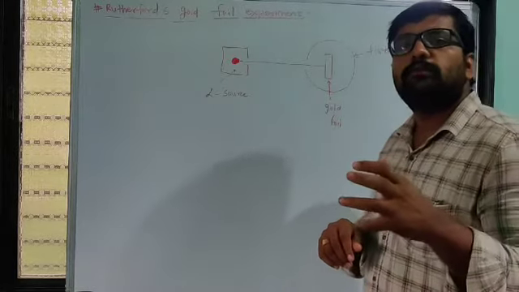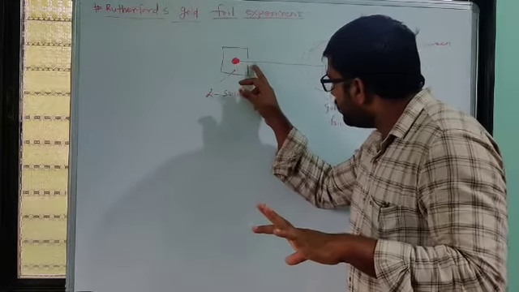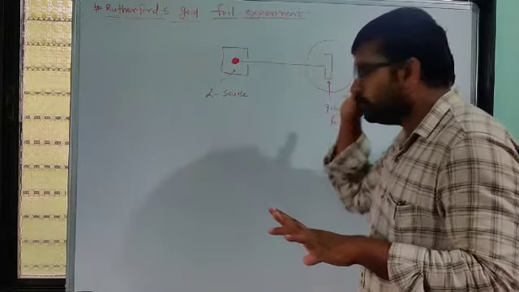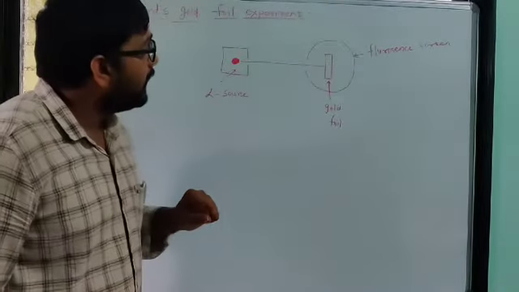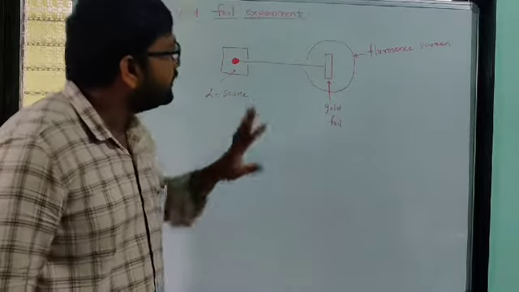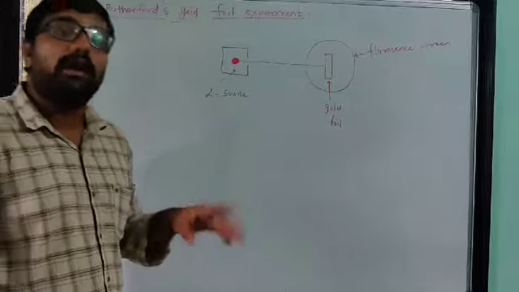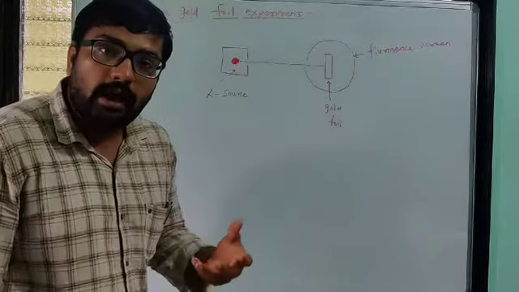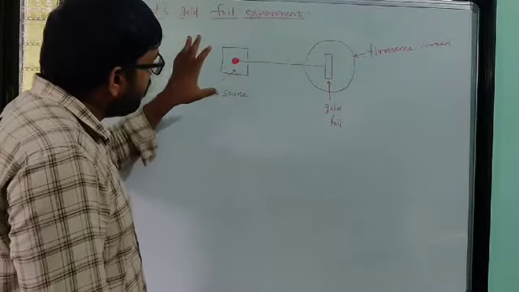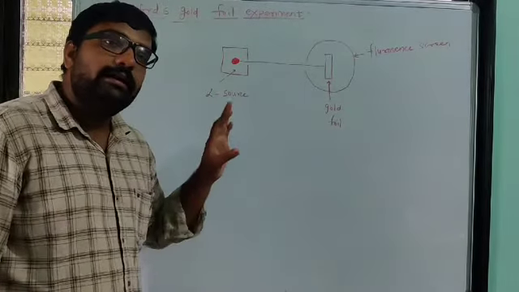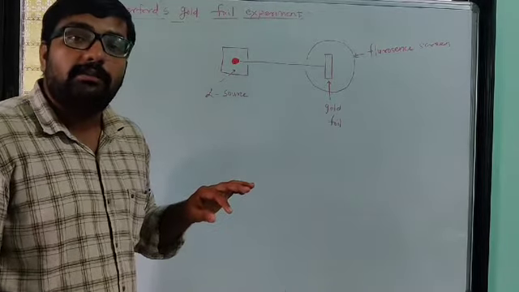Here Rutherford bombarded these alpha particles on the gold foil, and he observed what happened to the alpha particles. He made his predictions on the basis of 20,000 alpha particles.